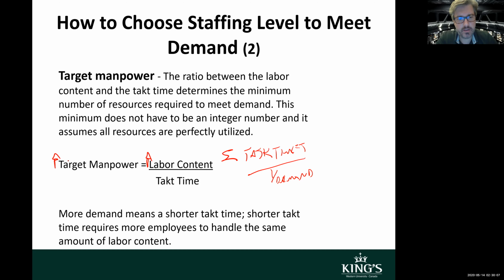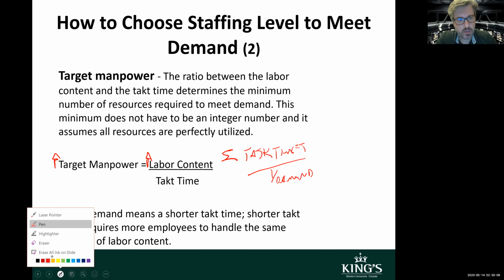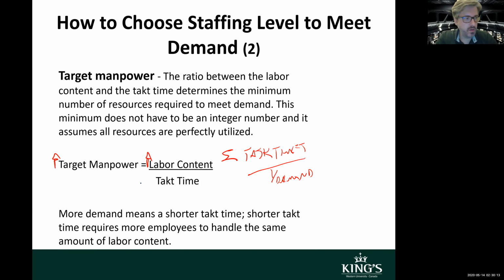On the other hand, let me use a different color over here. If I have high demand, what does that do with takt time? A high demand means I have a very short takt time.